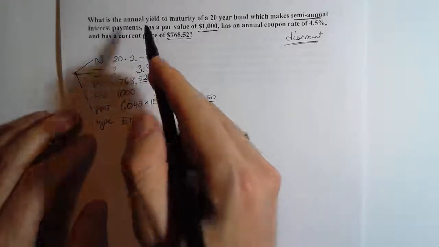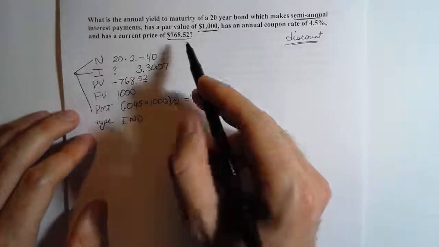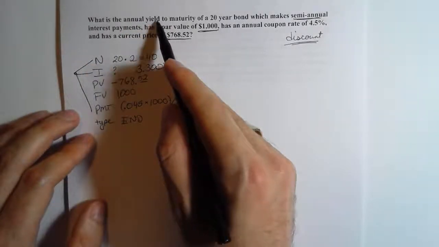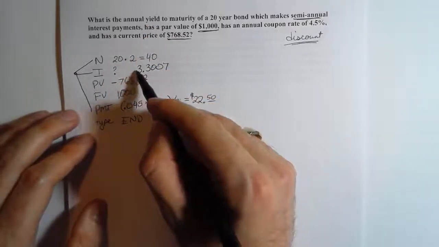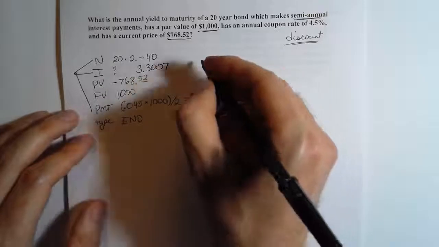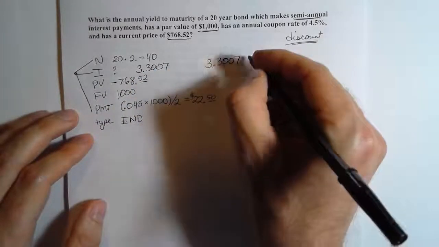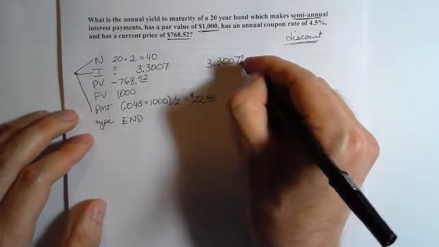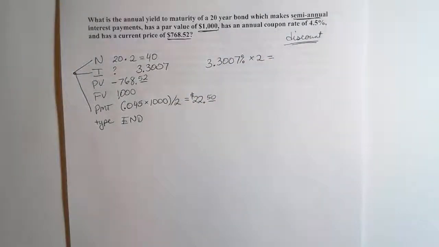We're asked for the annual yield to maturity, so assuming we're asking for the nominal annual yield to maturity, we take this rate, which is per semi-annual period, and multiply it by 2. So 3.3007% times 2, and I recommend you pause the video to work that out.